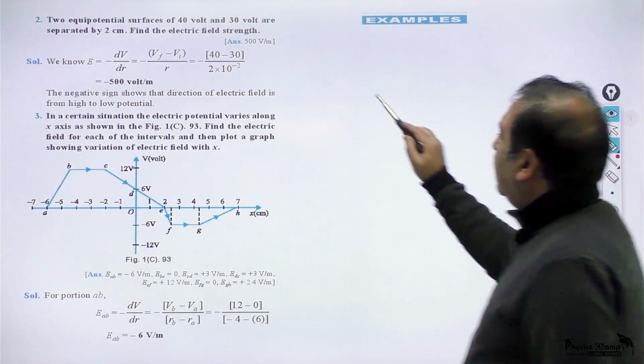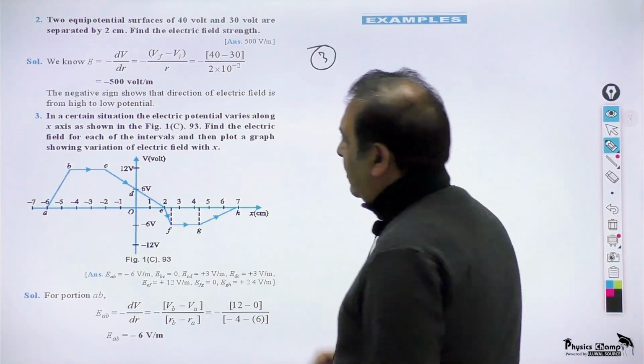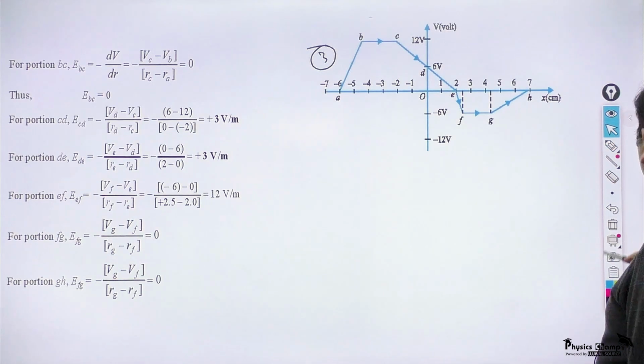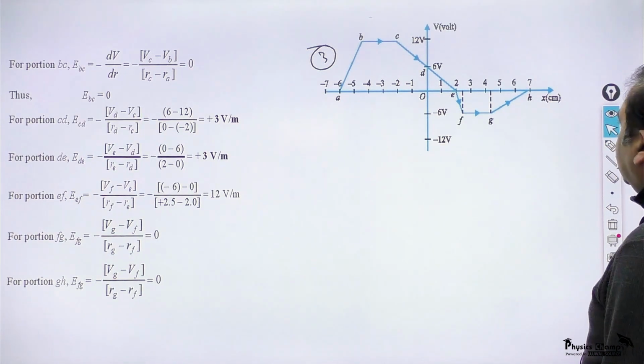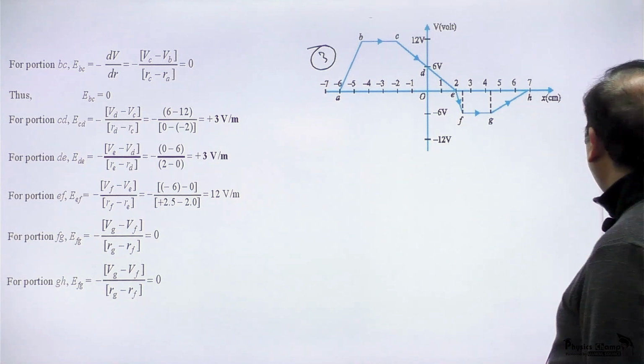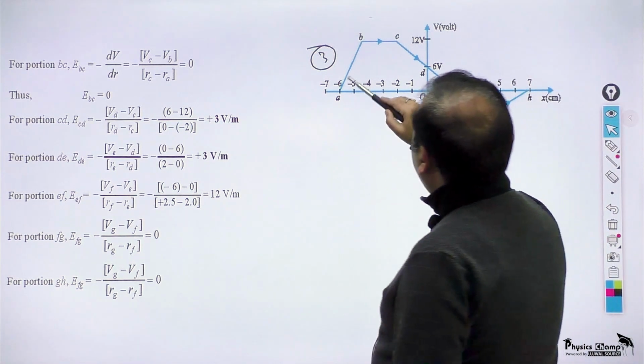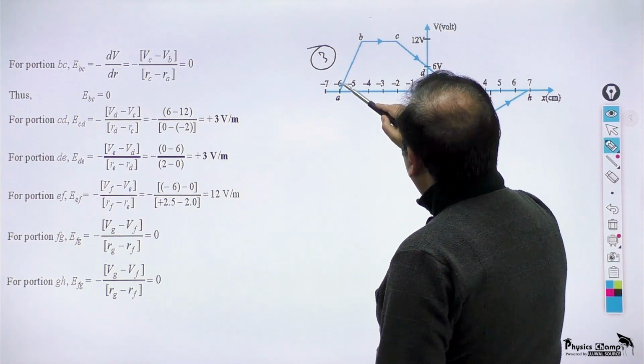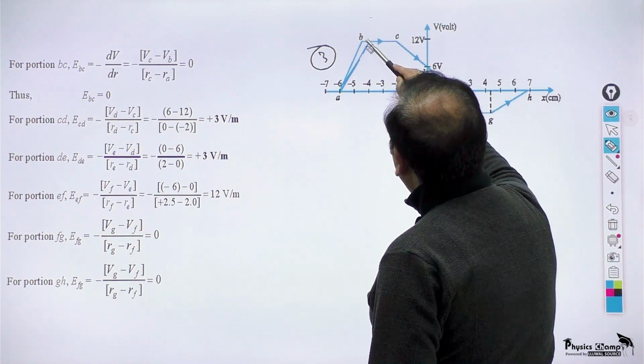Question number 3 is another interesting question. Here you are given a graph. I would take the graph on the right side. The graph is somewhat like this. I am making a small correction: the first line A to B is here.